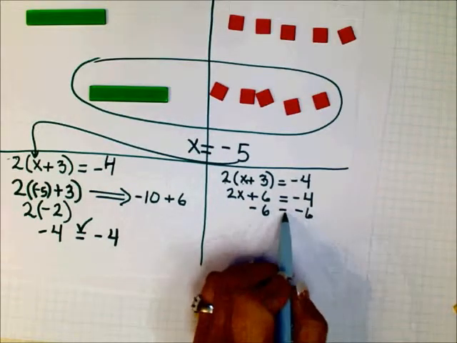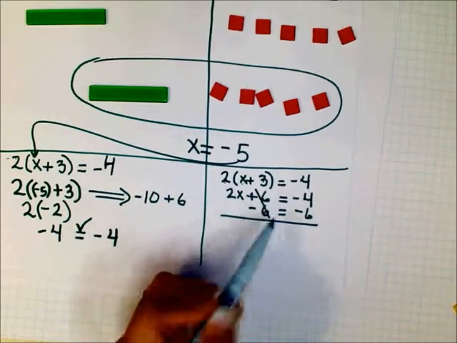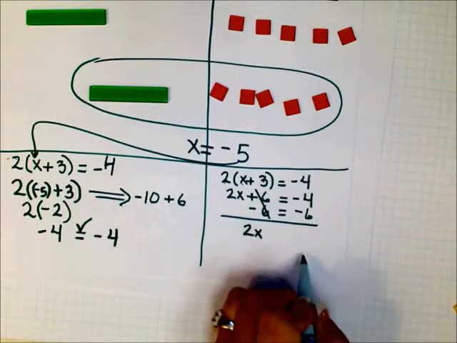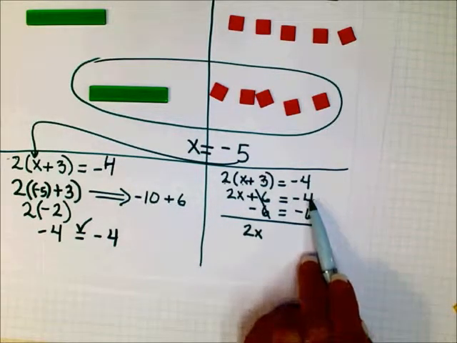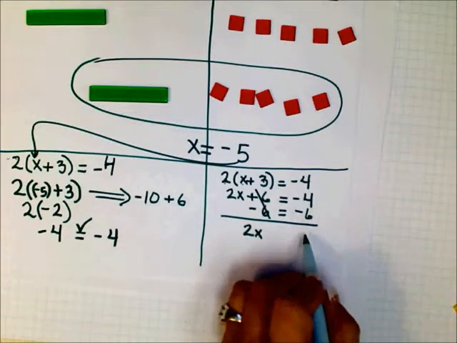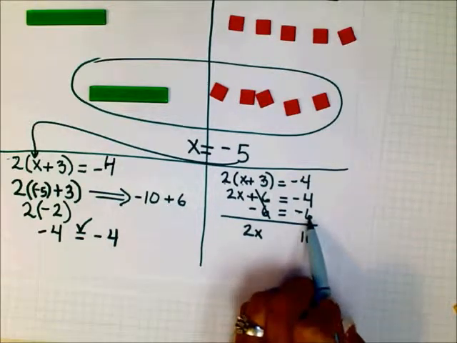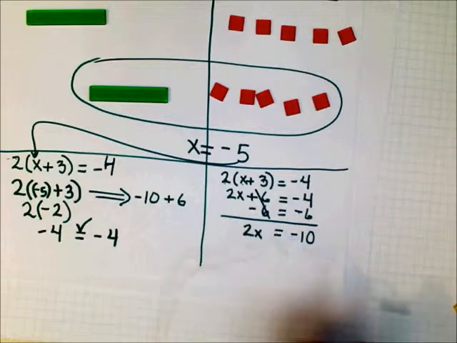So then I have this equation, and then positive 6 and negative 6 is 0, and on the left-hand side I have 2x. On the right-hand side the signs are the same, negative 4 and negative 6, so I'm going to add 6 plus 4 is 10, sign of the big number is negative, answer's negative, so I have 2x equals negative 10.